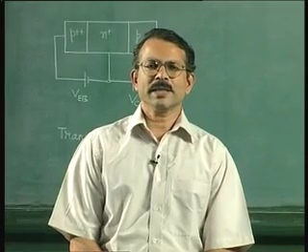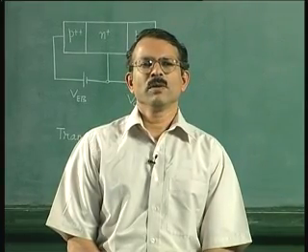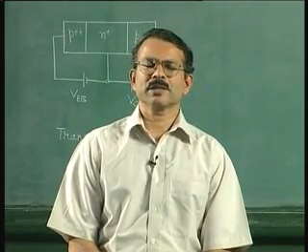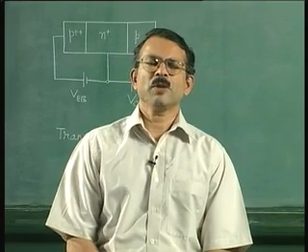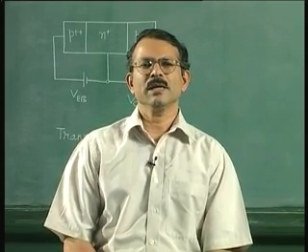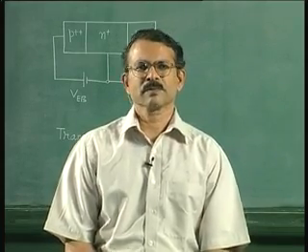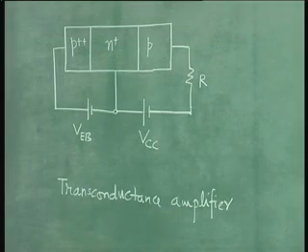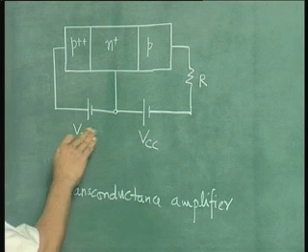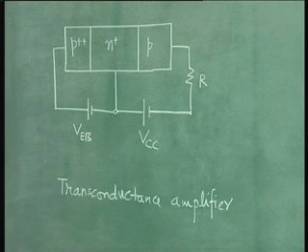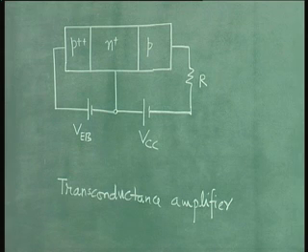When you regard it as a transconductance amplifier, you can compare it with other types of transistors such as field effect transistors. This point will become clear when we discuss the MOS field effect transistor. Now coming back to this summary, this is the basic arrangement for deriving small signal amplification from the device.